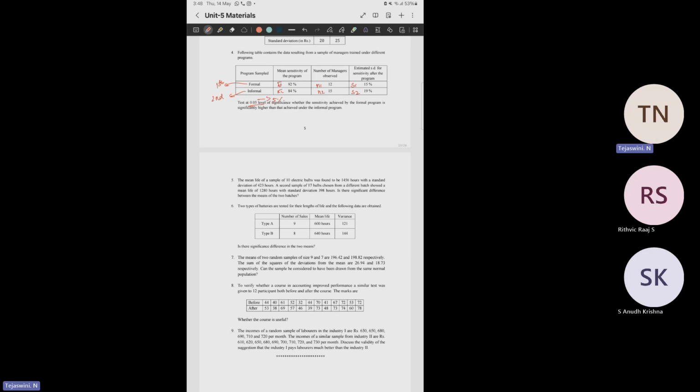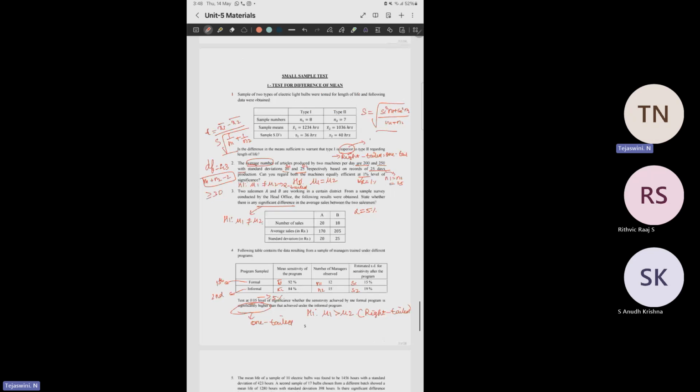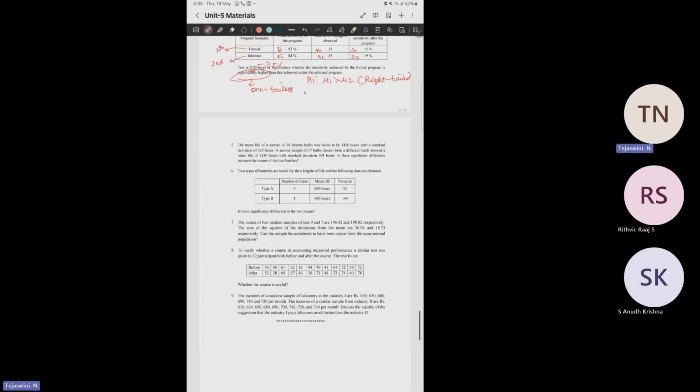We'll have to check if the sensitivity achieved by the formal program is significantly higher than the sensitivity achieved by the informal program. Significantly higher, so one-tailed, our alternative hypothesis will be mu1 greater than mu2. So it will be right-tailed. We can substitute in this formula itself and get the value of t, and then we can check accordingly.